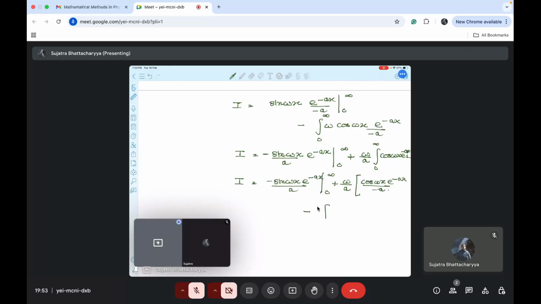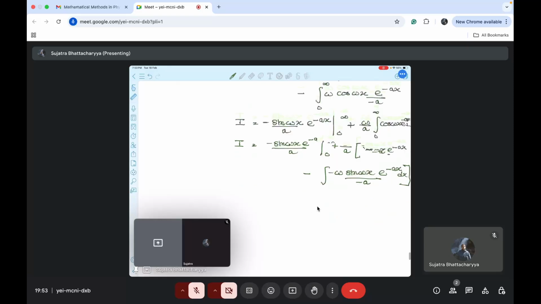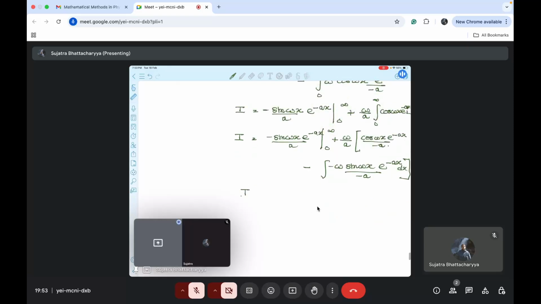minus, cos will be differentiated with the minus sign, so minus omega sine omega x e to the power minus ax dx with a minus a. So finally, what are you getting? If you now put infinity here, this becomes 0, and if you put 0, this becomes 1, but sine of 0 is 0.